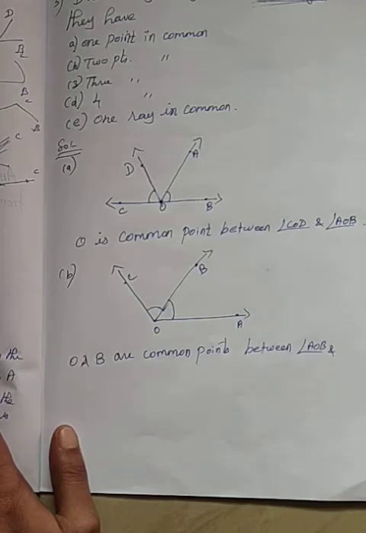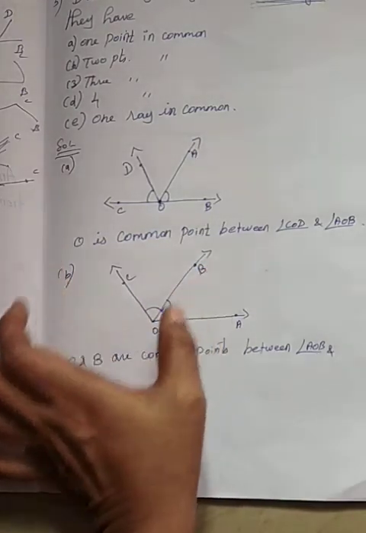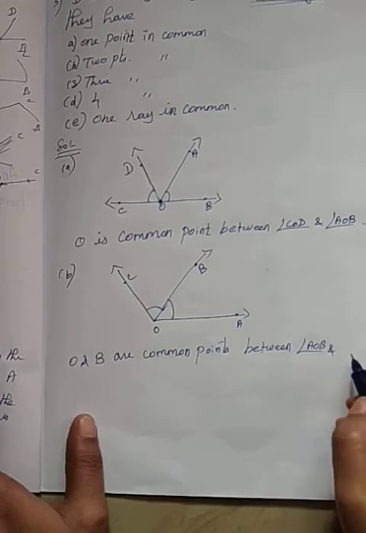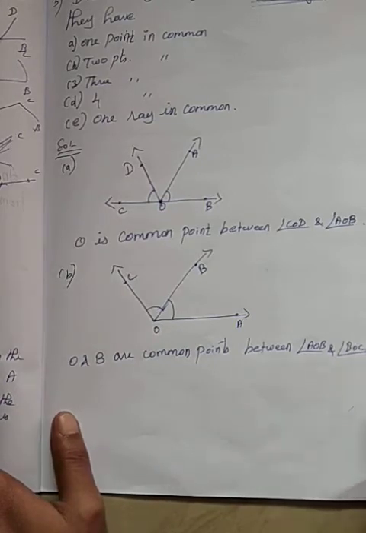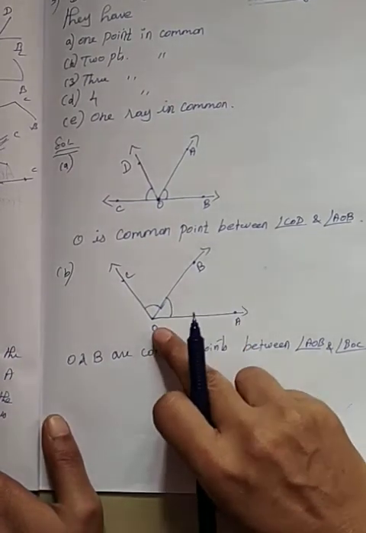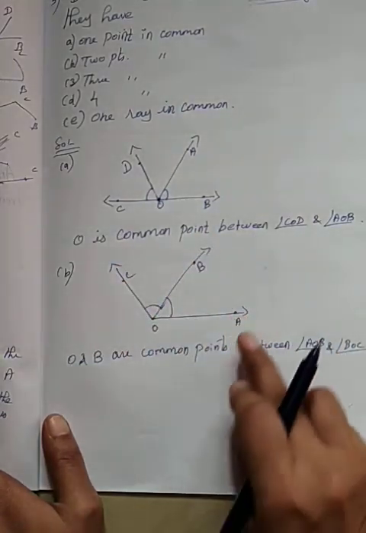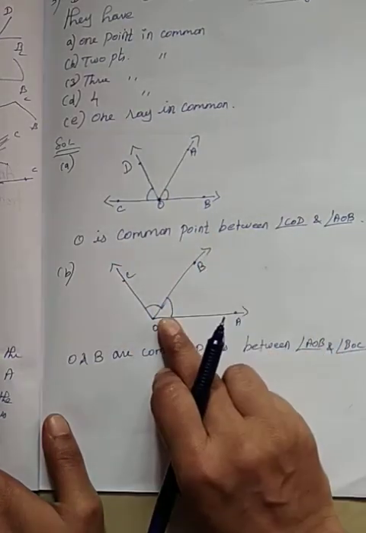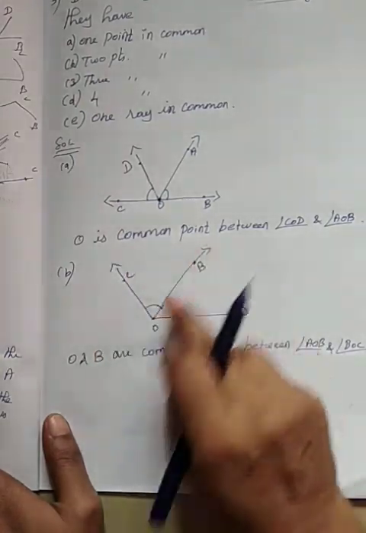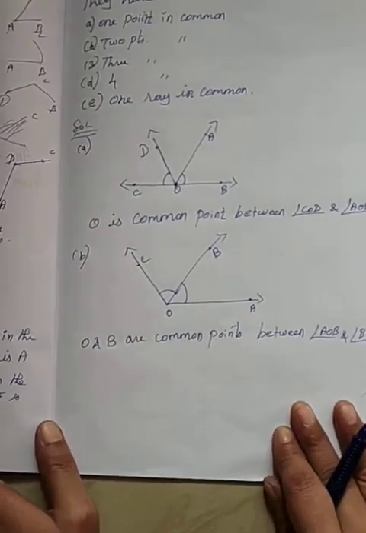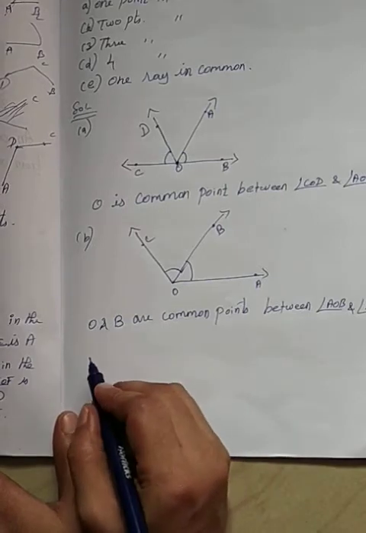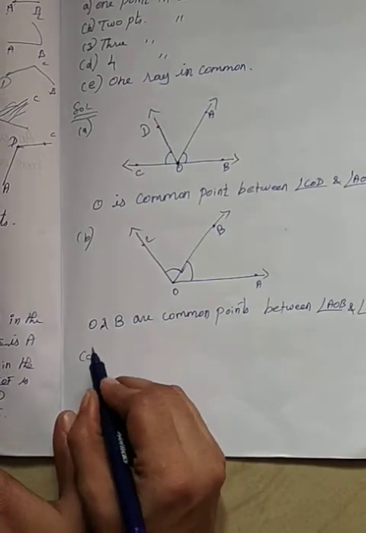And what is the another angle? BOC. See, OB is common for these two angles, that means AOB, OB, and then BOC. Here also OB is the common points. Clear? Now we see the third one.